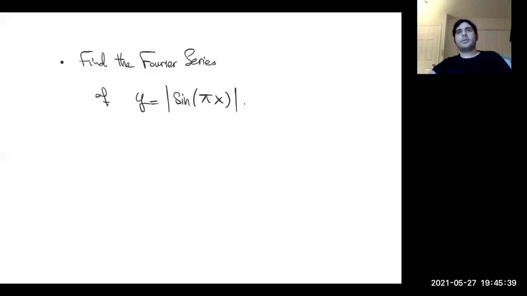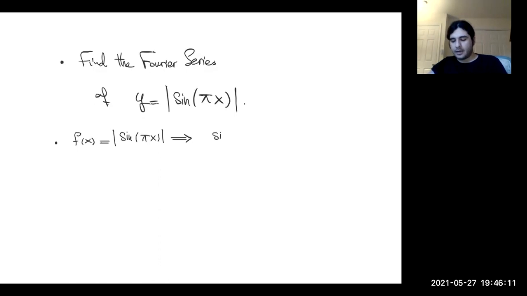Okay, so the first step is to find the period of the function we have here. So here our function f(x) is equal to absolute value of sine of pi x. And we should see what is the period of this function. One simple way is to first consider it without the absolute value.